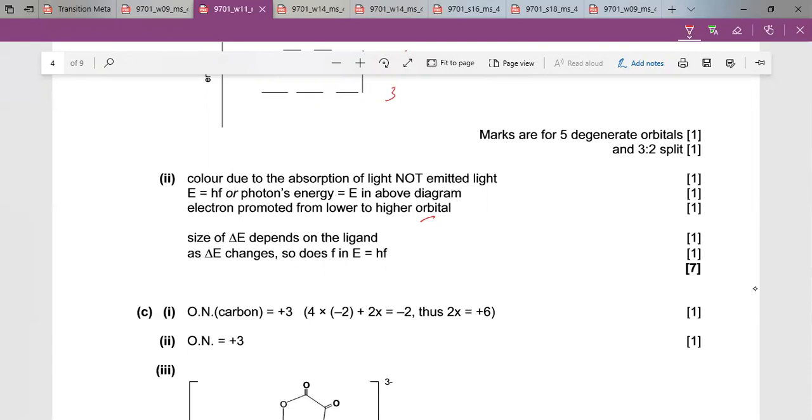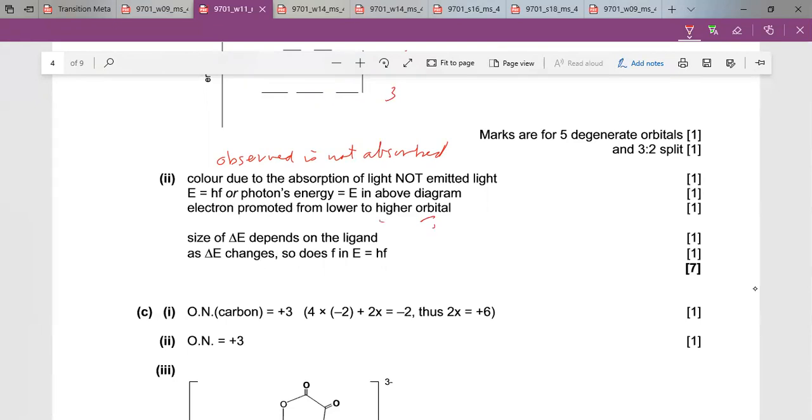It means what is observed is not what is absorbed. Then why? This is the energy, and so forth. So the electron is promoted from a lower to a higher energy level.